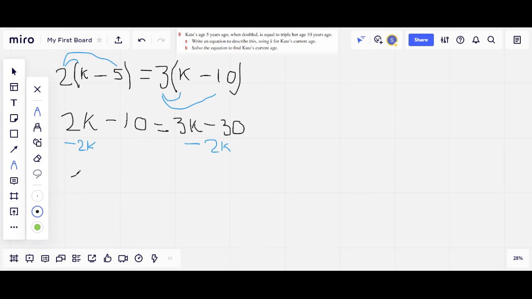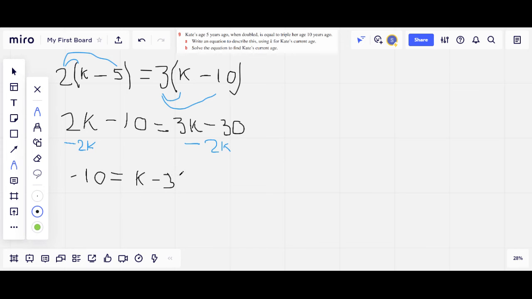That'll then give us negative 10 on this side, is equal to 3K minus 2K is just K. Because they're like terms, we can add and subtract like we normally would with just any other number. So it'll be K minus 30.